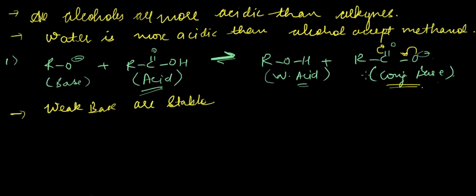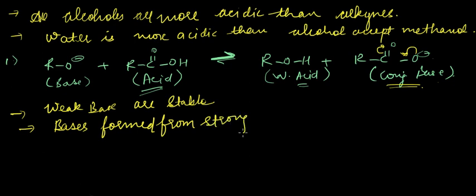The base of a strong acid would be weak, right? So weak bases are formed from strong acids. Okay, let me write the next point. Bases formed from strong acids are weak.